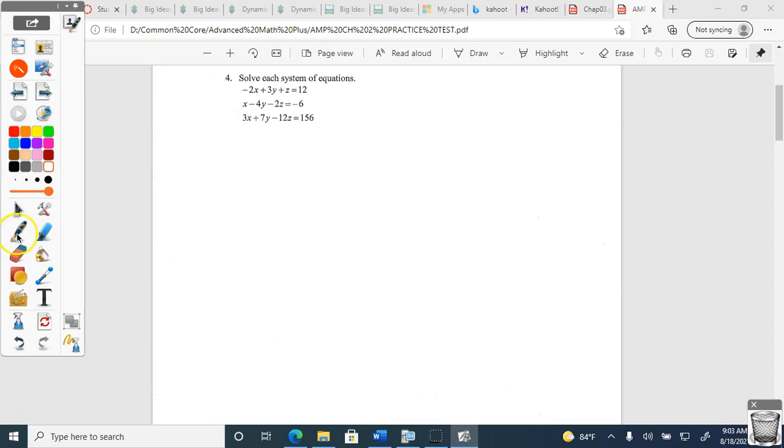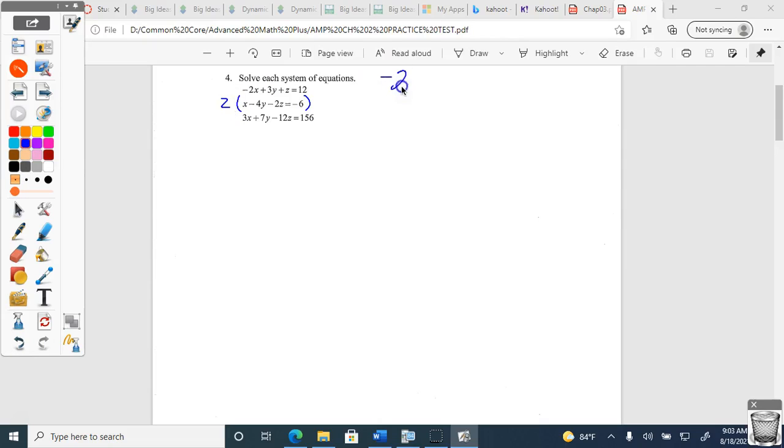So, here we go. Which variable is easiest to get rid of? X. Definitely the X. So, I'm going to do this top one. Got him. All right. This top one, I'm going to multiply it by, not top one, the middle one, excuse me, the second one. 2.